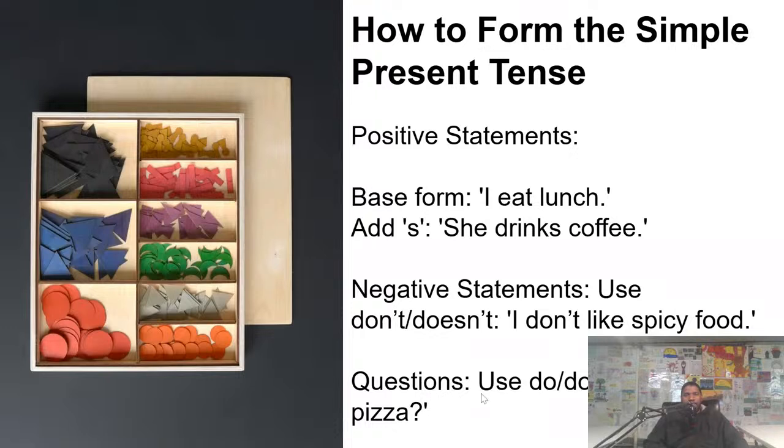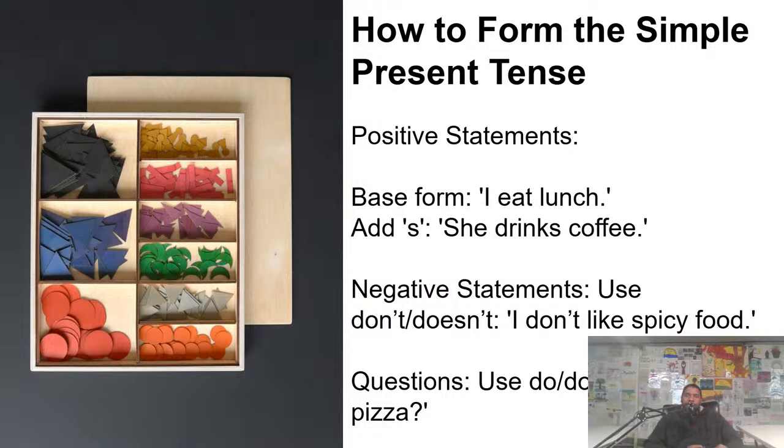So now we have questions. We use do or does. Do you like pizza? Do I like pizza? Do we like pizza? You're going to notice something different as I go through these questions. Do they like pizza? Now, when I get to he, she, and it, what do I have to do different?